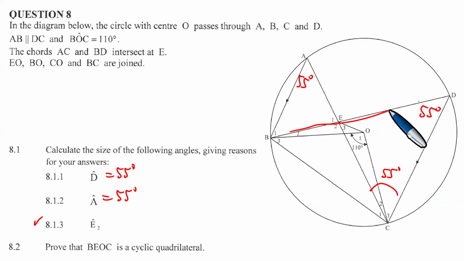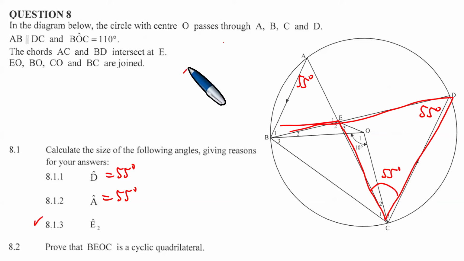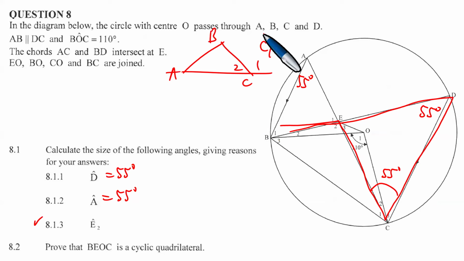We go back to grade 10, where we're taught that if there is a triangle like this, A, B, C, 1, 2, A plus B, angle at center, what is it? The exterior angle of the triangle.